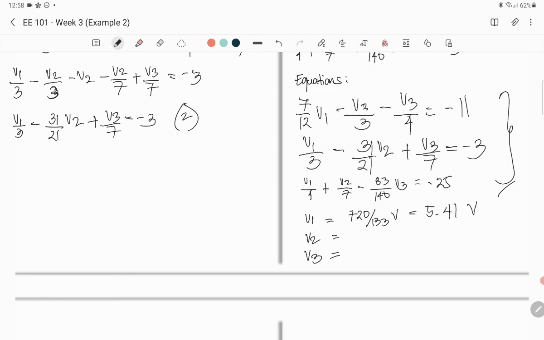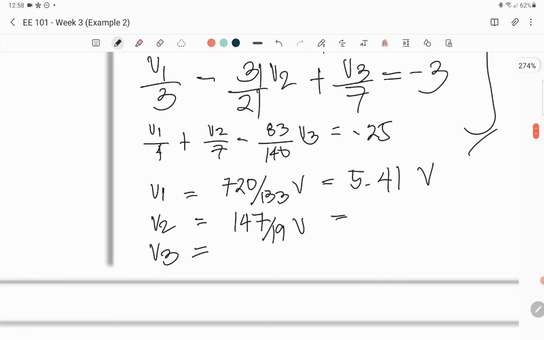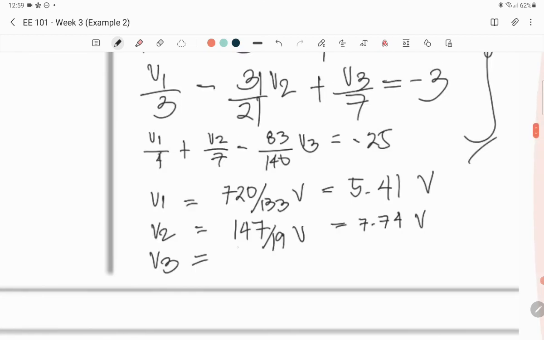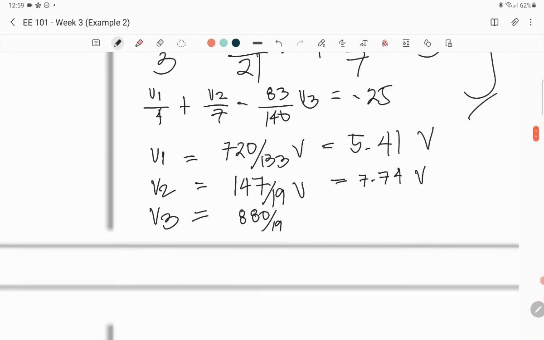For your v2, you have 147 over 19 volts, which is just equal to 7.74 volts. And for your last variable, v3, you have here 880 over 19 volts, which would then be equal to 46.32 volts.